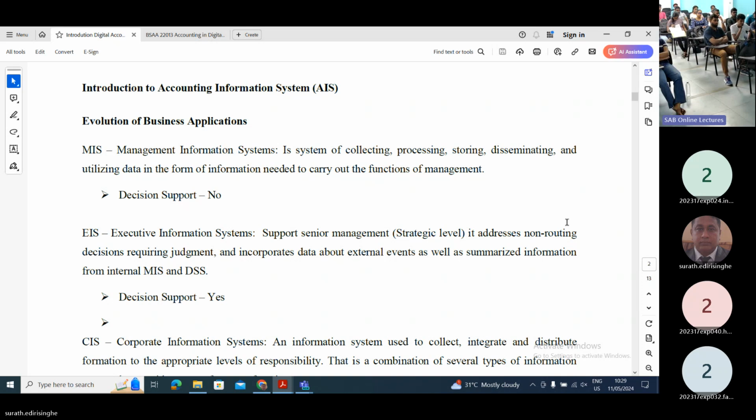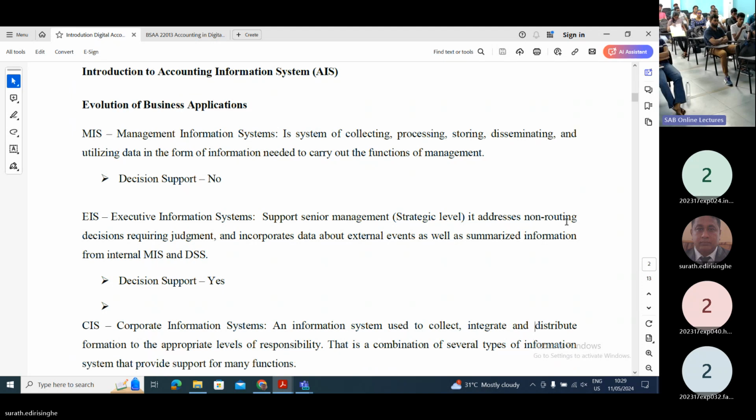That's the ultimate purpose, to teach you how to develop ERP. The ERP includes MIS plus EIS plus CIS, corporate information system. These are the features of these separate information systems.